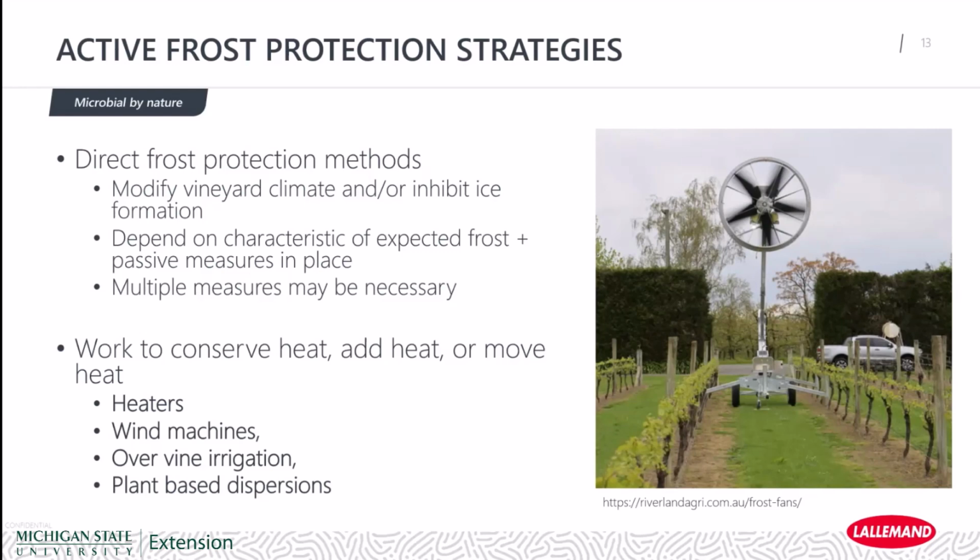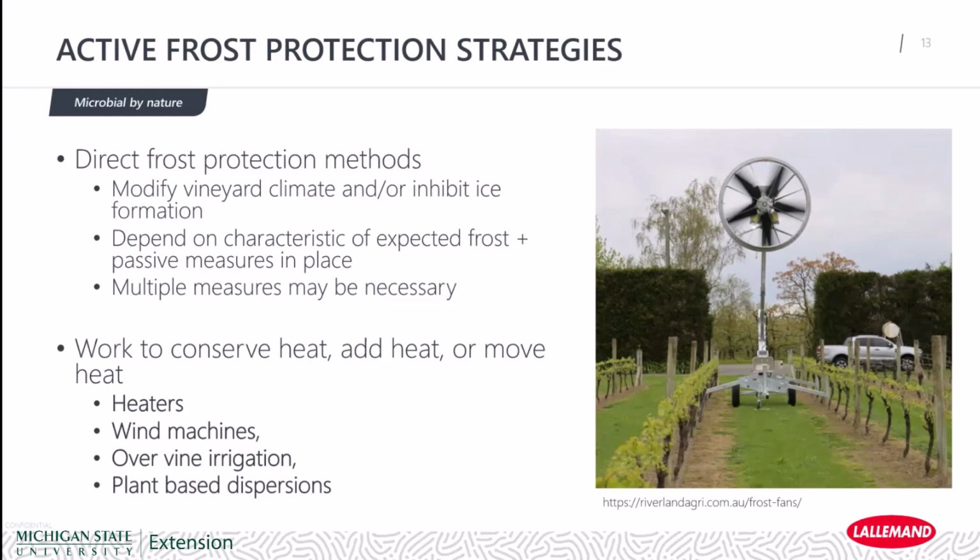So active frost protection measures really work to either conserve, add, or move heat. So those three classifiers can be thought about in terms of, can I heat my air? Can I conserve the heat that's already present? Or can I move warm air into my vineyard?